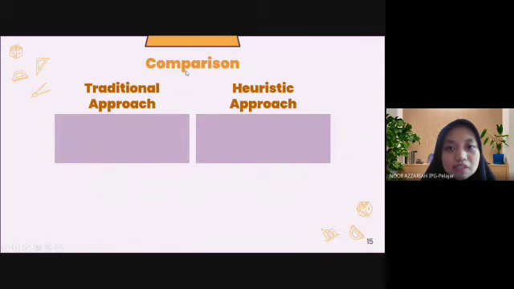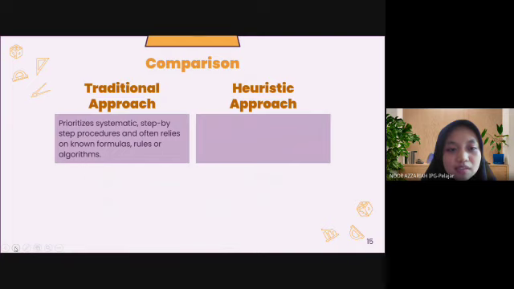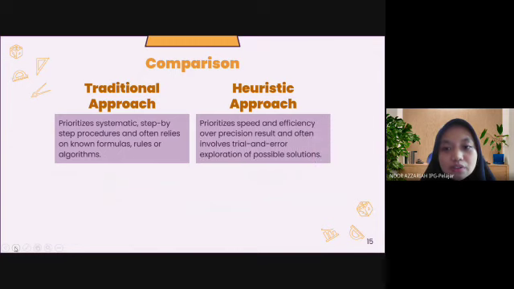So, what is the comparison between the traditional approach and the heuristic approach? The traditional approach prioritizes systematic step-by-step procedures and often relies on known formulas, rules, or algorithms, while the heuristic approach prioritizes speed and efficiency over precise results and often involves trial and error exploration of possible solutions.